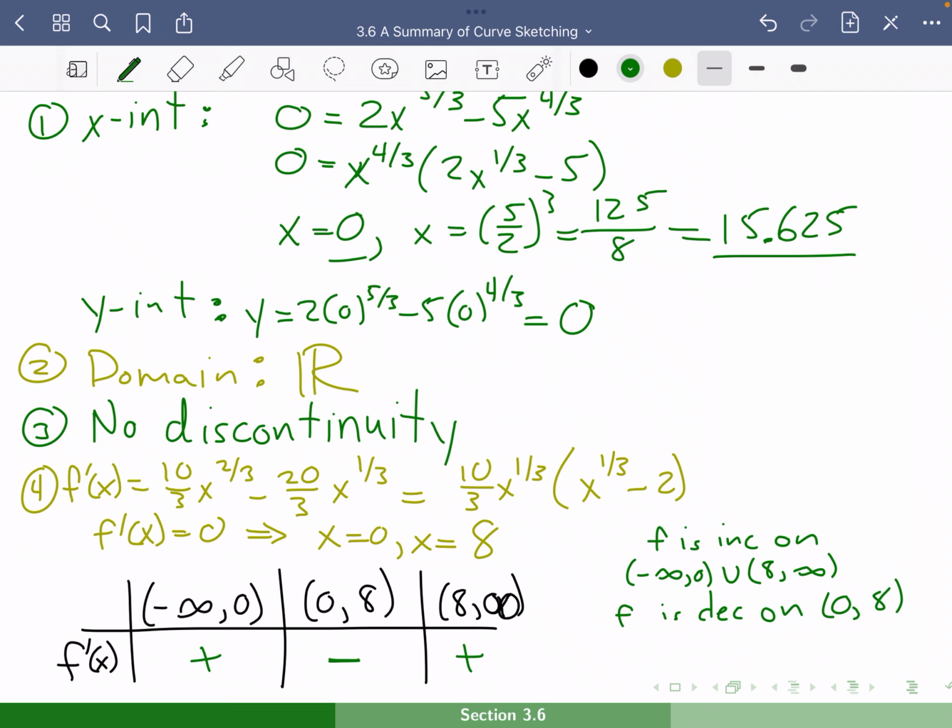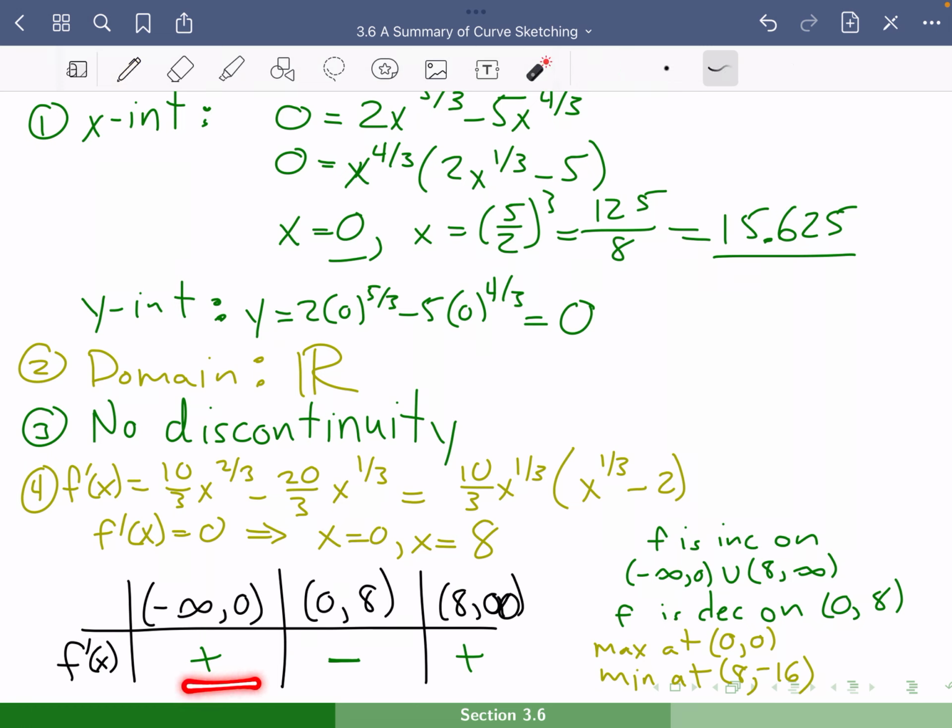So we are going to have at least a local maximum at 0, 0, and a minimum at 8, comma, negative 16.